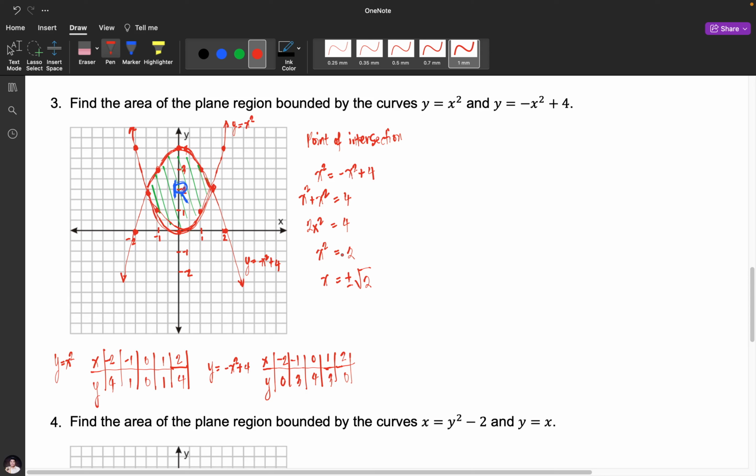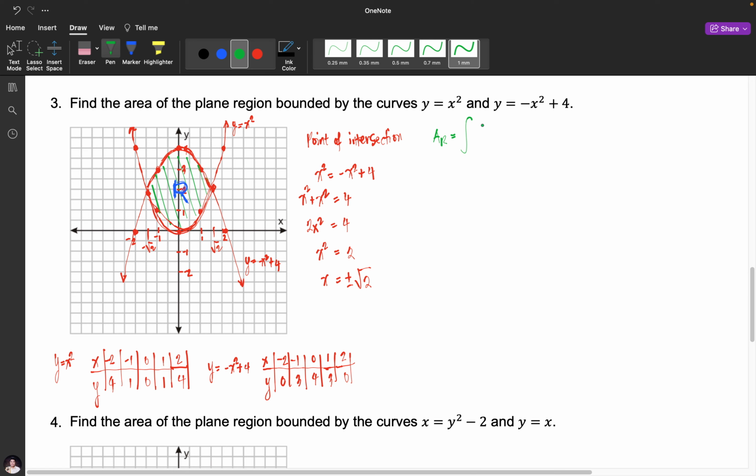So radical pala yung mga values ng x sa point of intersection natin. So therefore, itong nandito that is on negative square root of 2, and here sa kabila is square root of 2. Okay? So yun yung mga leftmost and rightmost points natin. So therefore, we can now solve for the area of the region.